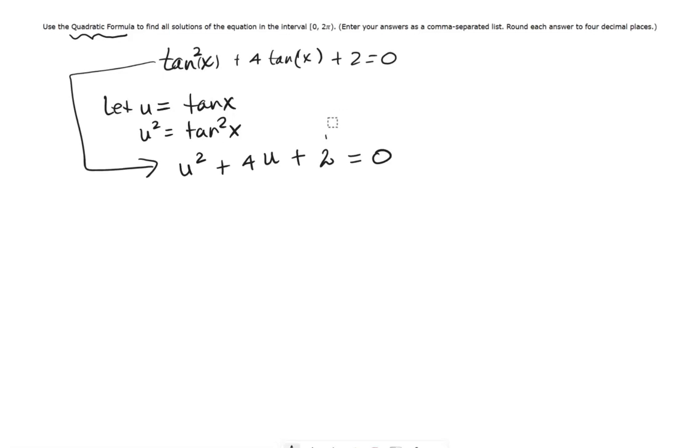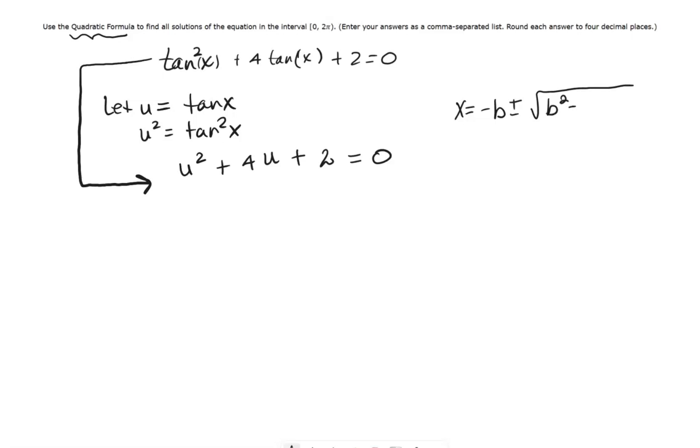We're going to use the quadratic formula. So the quadratic formula we know to be x equals negative b plus or minus the square root of b squared minus 4ac all over 2a. But of course, we're not using x. We're going to use u instead because we are using u substitution. So u equals negative b plus or minus the square root of b squared minus 4ac all over 2a.